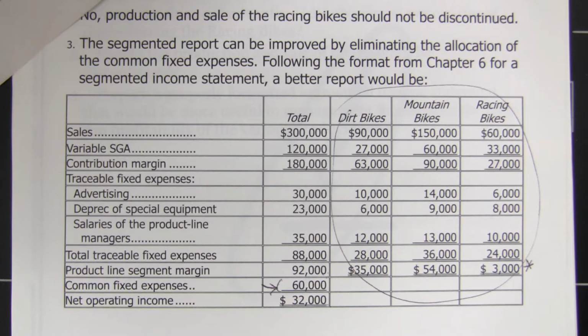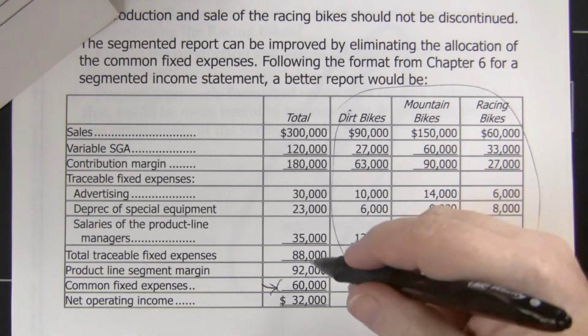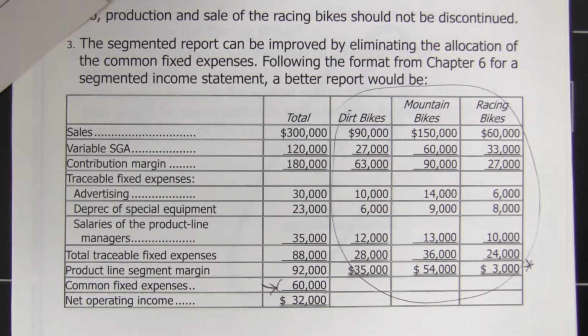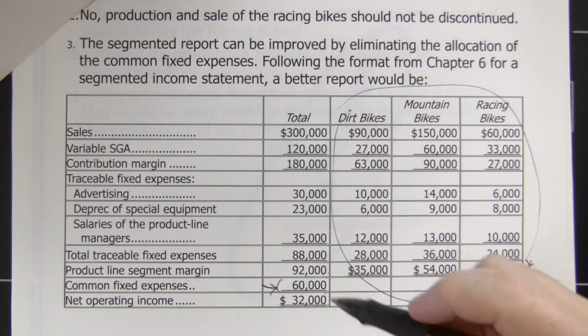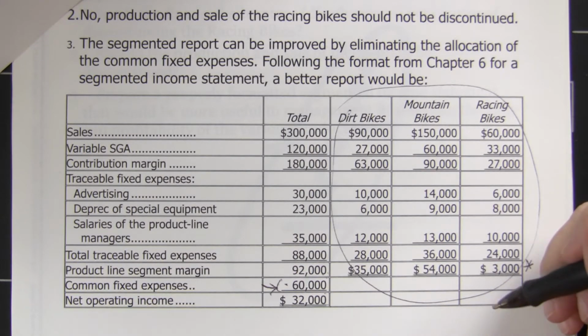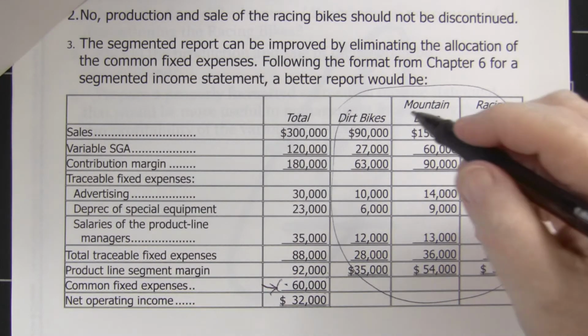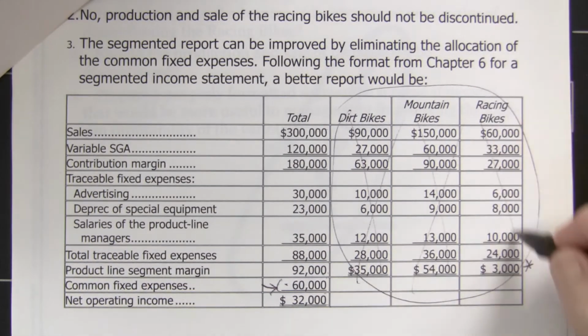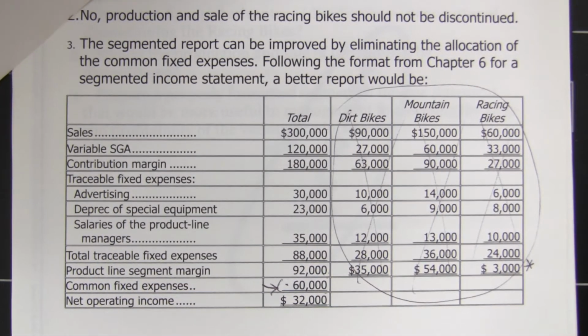Didn't really help matters. Matter of fact, it hurt matters. Putting everybody together and taking out the common fixed expenses, which will stay no matter what, those entity sustaining expenses, we could eliminate probably all three lines, and as long as we kept the business open, we would probably still have those.